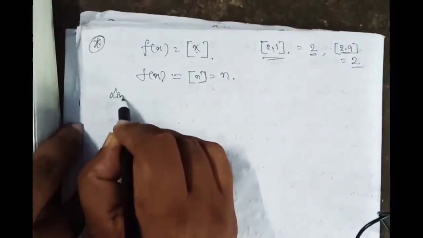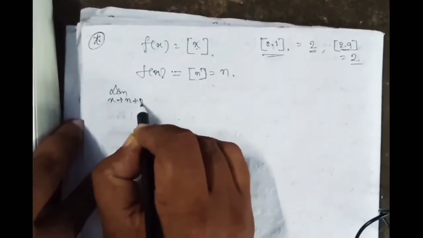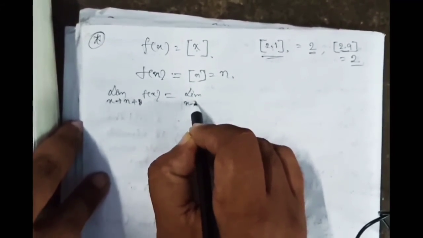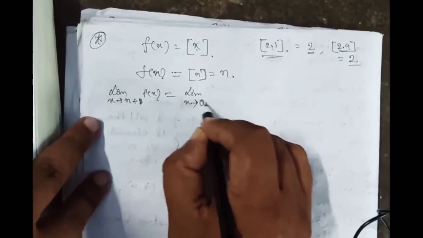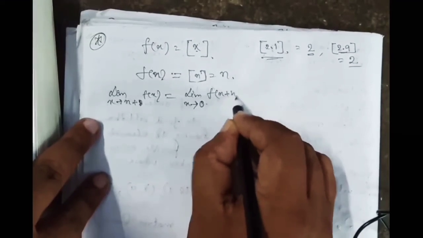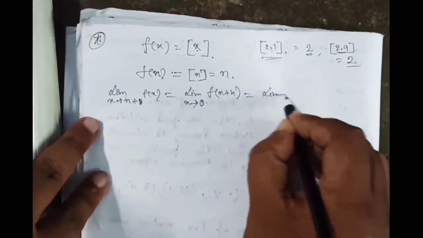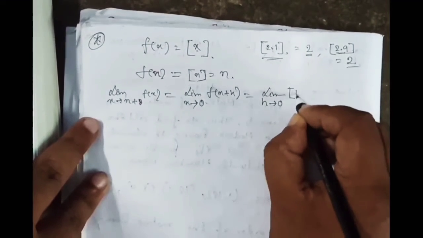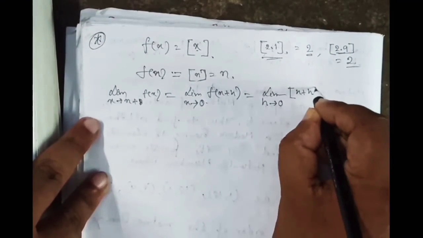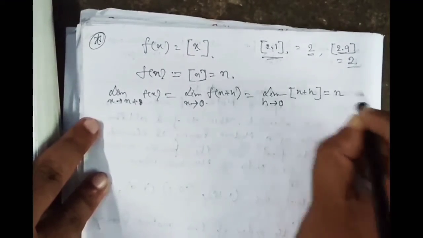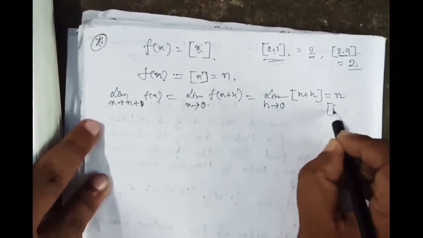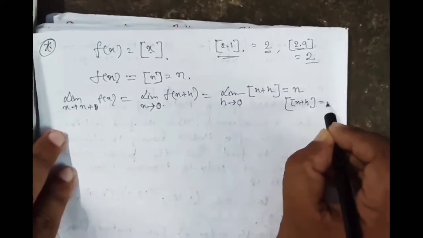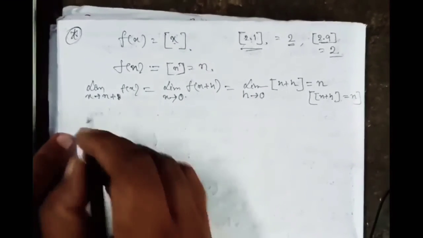Now, limit x tends to n plus f(x), that is equal to limit h tends to 0 f of n plus h, that is equal to limit h tends to 0 box of n plus h, that is equal to n. Why? Because box of n plus h equals n.